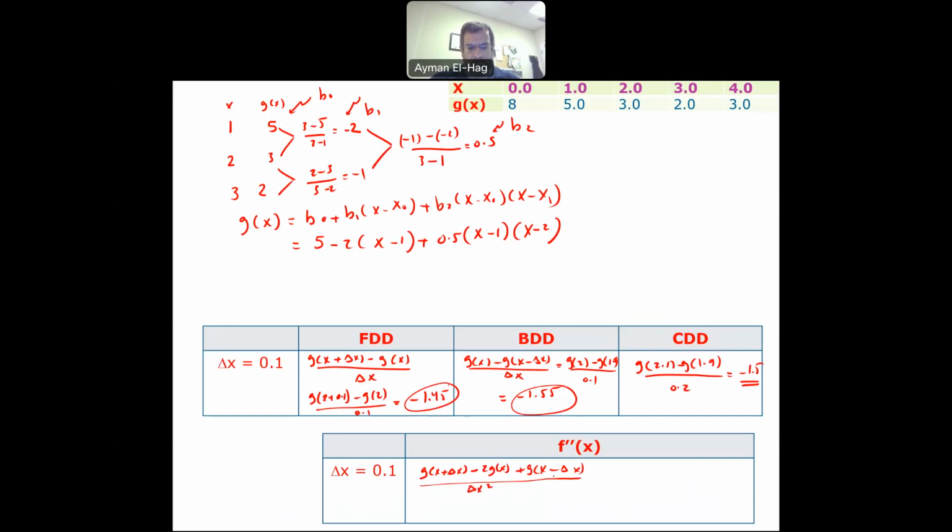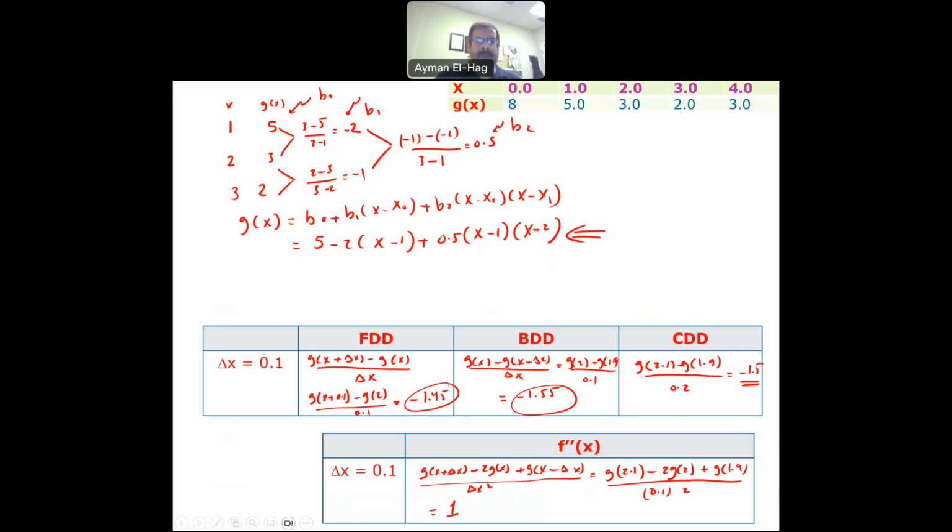So this will be G at 2.1 minus 2G of 2 plus G of 1.9 divided by 0.1 squared. Once we find all the values from the function that we found here, you will find that the second derivative is equal to 1.